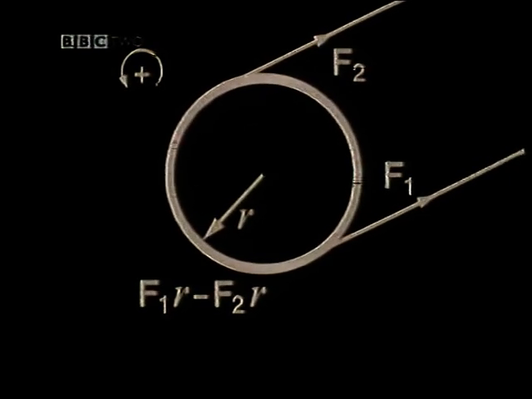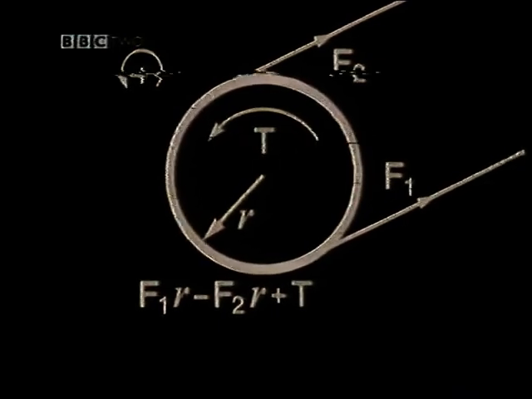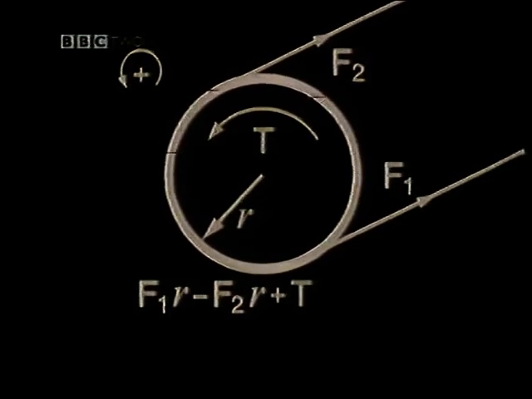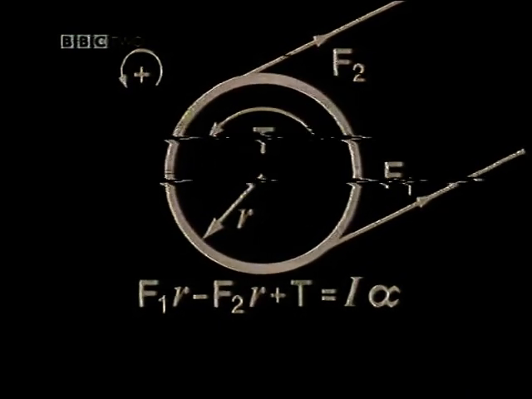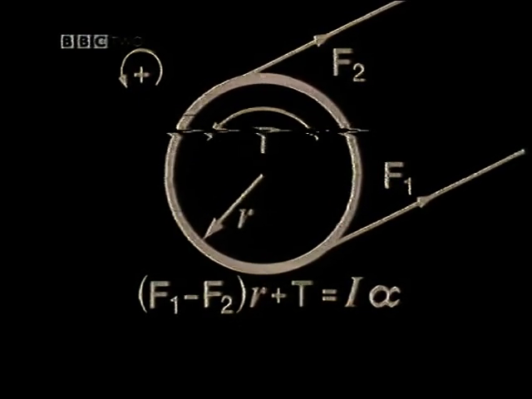If T is the torque applied to the drum, then the sum of the three turning moments must be equal to I alpha. I is the effective moment of inertia of the drum, and alpha is its angular acceleration. From this equation, you can see that the required torque, T, is in fact dependent on the difference between the tensions in the two ropes.